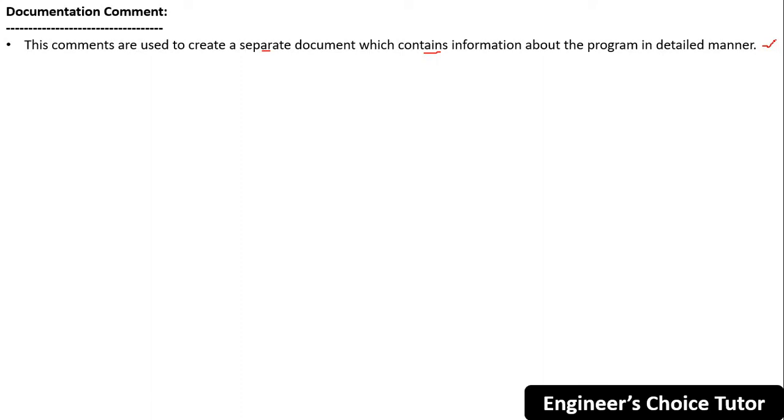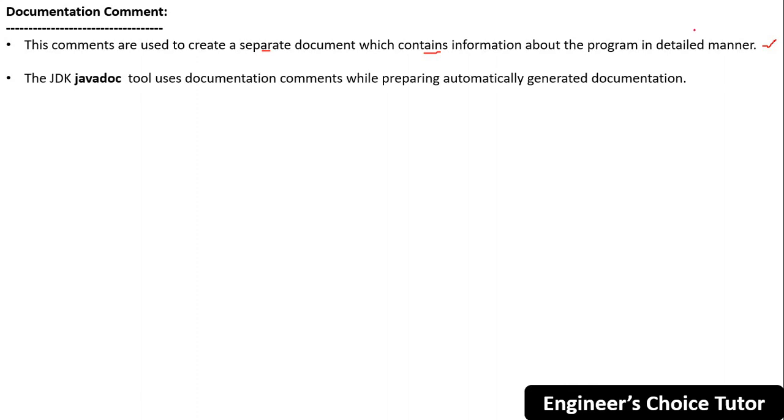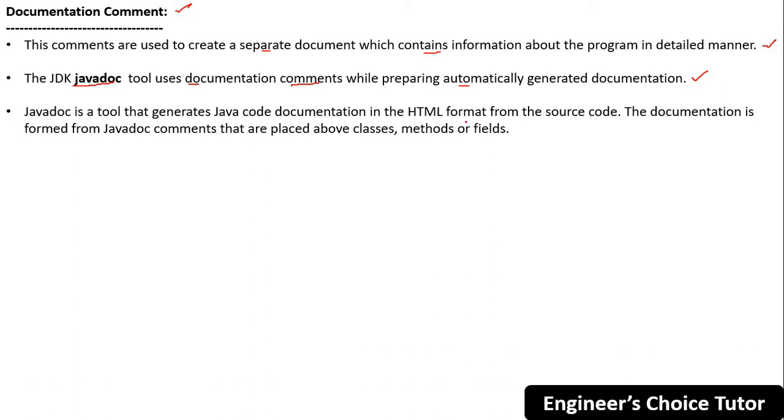So basically, the JDK has a Javadoc tool that uses this documentation comment while preparing automatically generated documentation. Javadoc is a tool that generates Java code documentation in the HTML format from the source code.